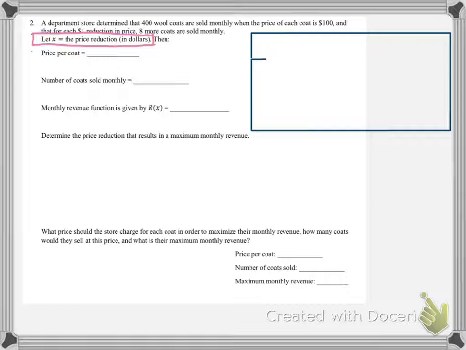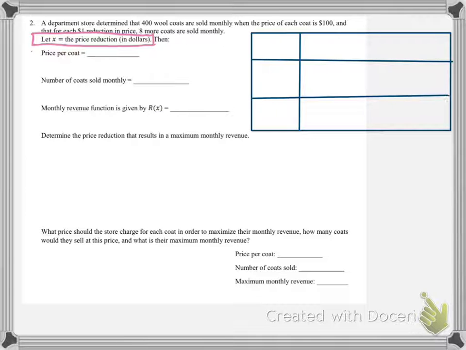So I've got two things going on here. I've got price and quantity. And we have the starting price and quantity.